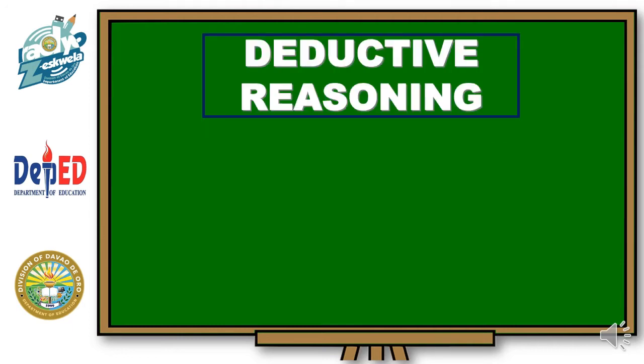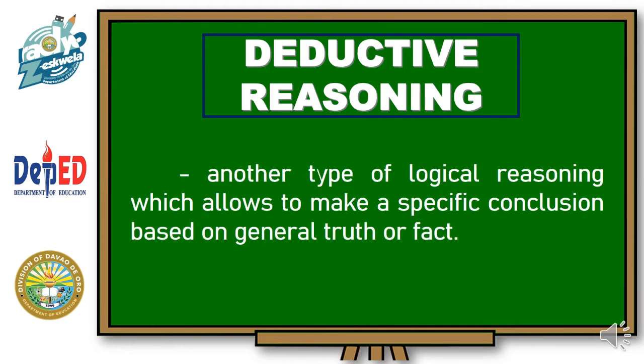Another type of logical reasoning is deductive reasoning. Deductive reasoning allows you to make a specific conclusion based on general truth or fact.